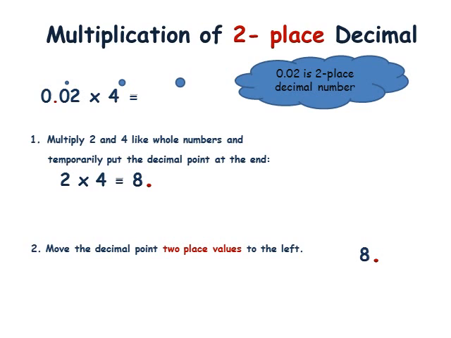But as you can see, if you move 2 places to the left from 8, 8 is just one number. So when you move it, you have to add 0 in front of it, just to satisfy 2 places of movement to the left. Therefore 0.02 times 4 is 0.08.